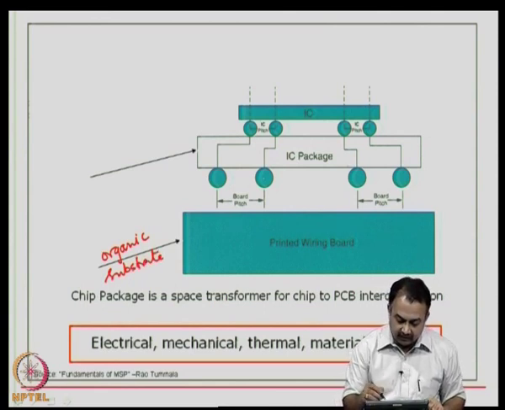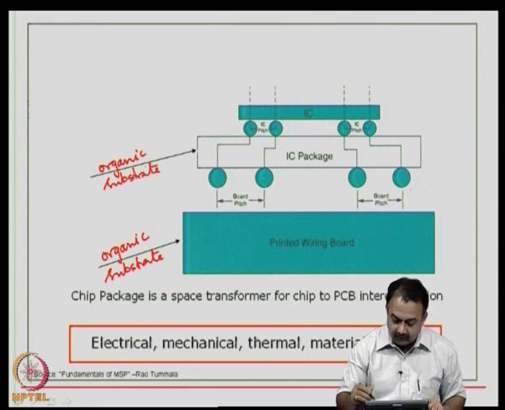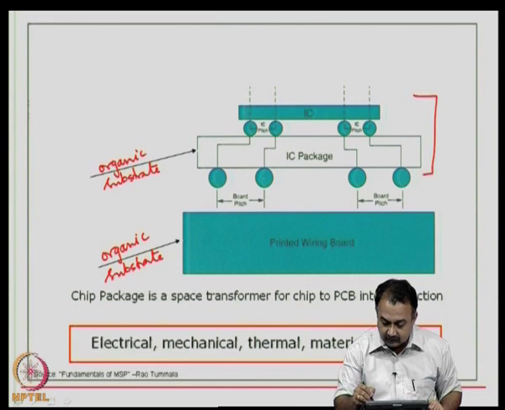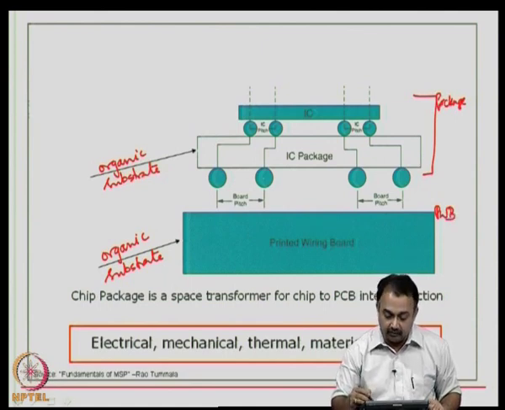Then you have again an organic substrate that could be used as a substrate material in the package. So, this part is known as the package, and this is your PWB, and this is the space transformation that you are talking about.